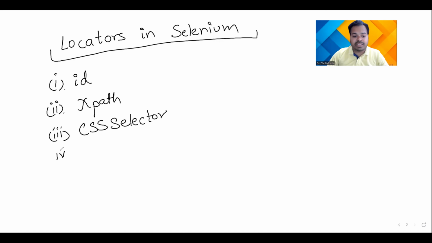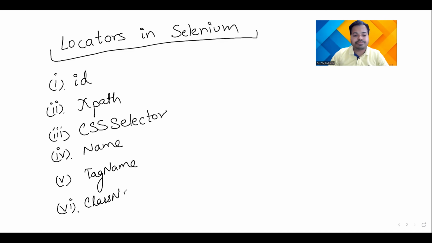The fourth type is called name. The fifth type is called tag name. The sixth type is called class name. The seventh type is called link text. And the eighth type is called partial link text.